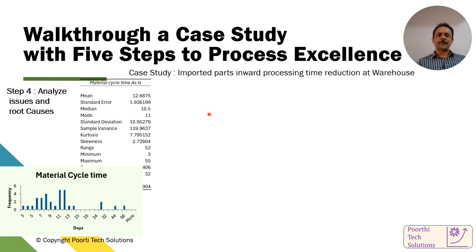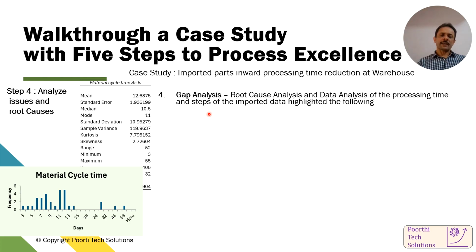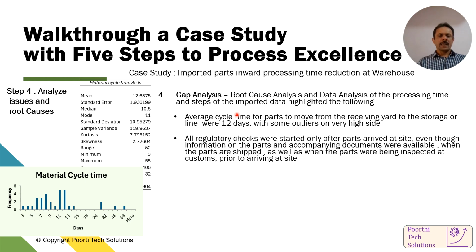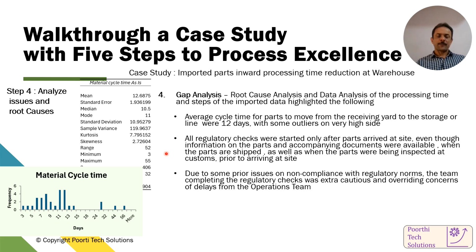and their root causes. When they ran the data analysis and the root cause analysis, the average cycle time, as we saw earlier, was working out to 12 days, with some processing times extending much further. All regulatory checks were started only after the parts arrived at site, even though information on the parts and the accompanying documents was available when the parts were shipped, or even when the parts were being inspected at customs prior to arriving at site.